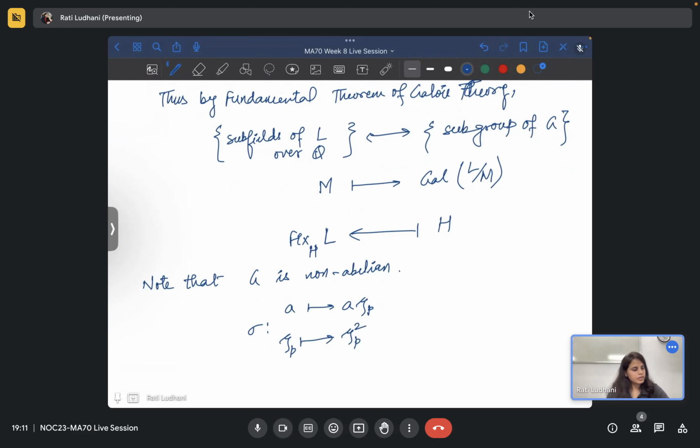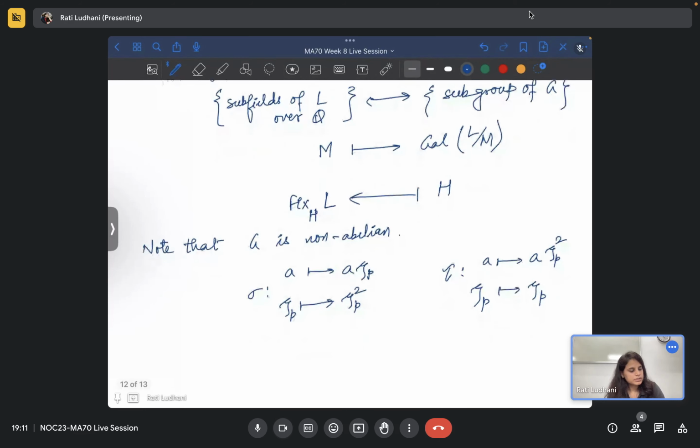Then take tau, some other map, with a going to a zeta pq, let's say this.